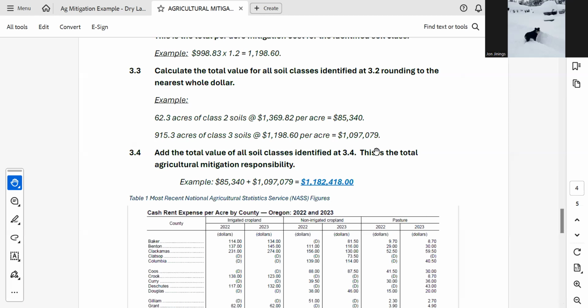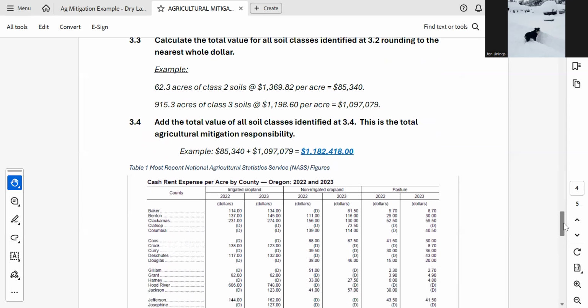And that's straight arithmetic, right? If you got 62.3 acres of this at this amount equals this number. 915.3 of this at this number equals this amount. And the last thing you do is you add them all together, and that's where you go. You end up with a total mitigation responsibility of just a little below 1.2 million.